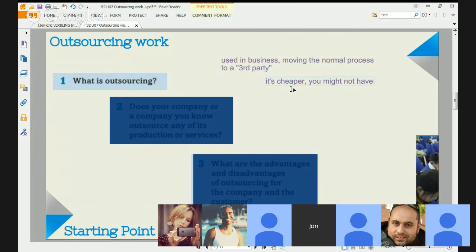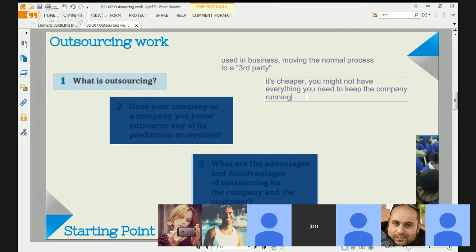Everything you need to keep the company working. Good. Instead of working, we're going to say keep the company running, because that's the right expression.